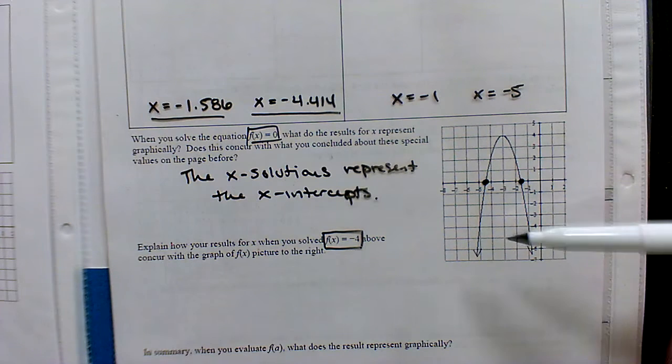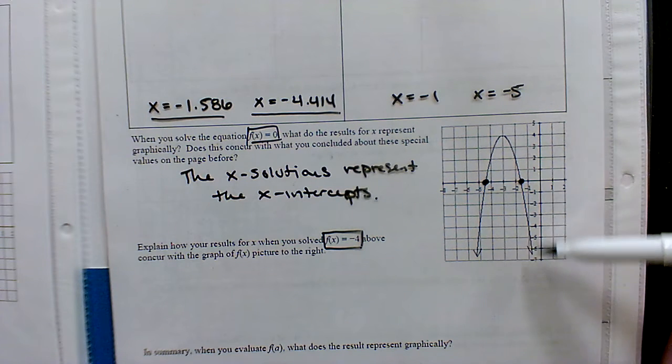Can you give me an ordered pair where they might be on the graph? Yeah, -1, -4, and -5, -4.